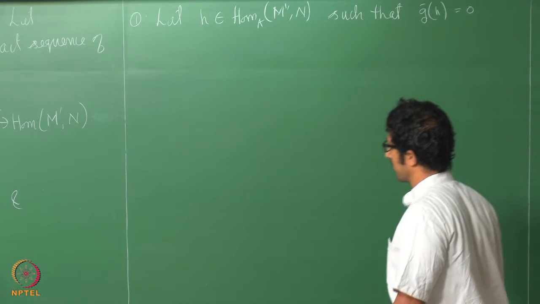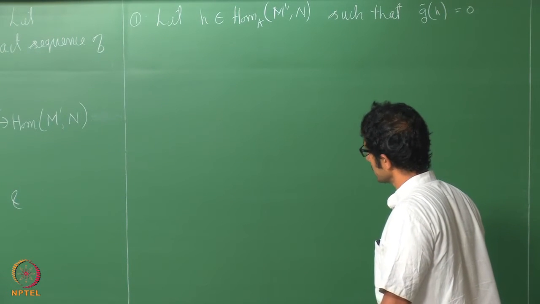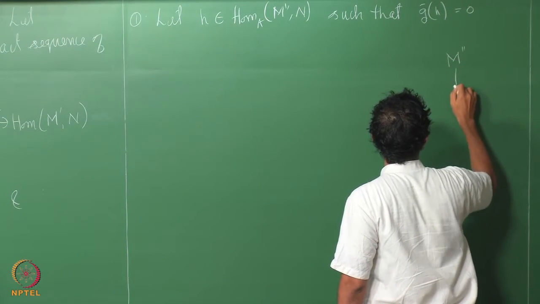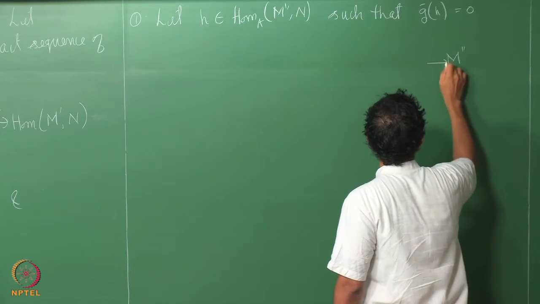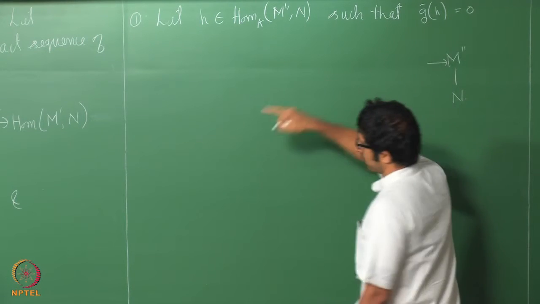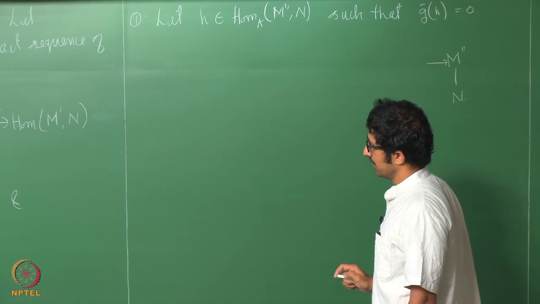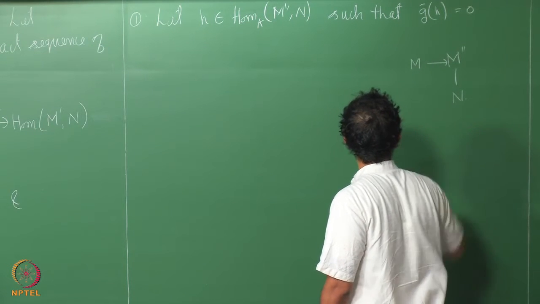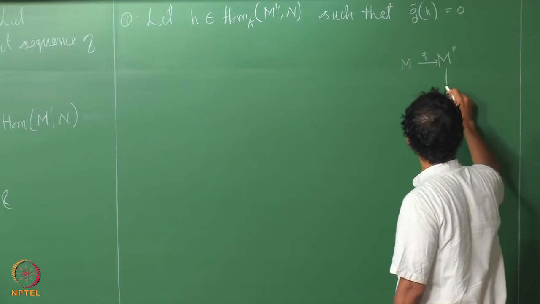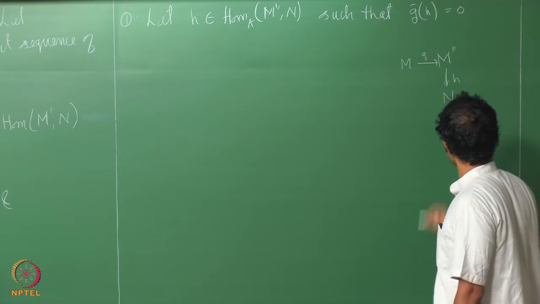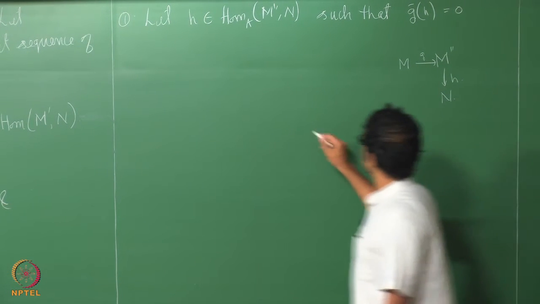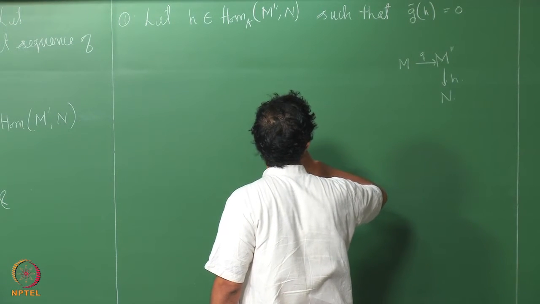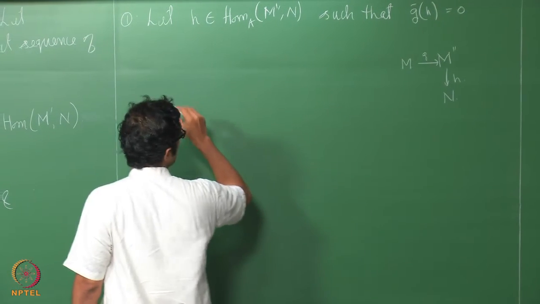But what is g bar of h? h is from M double prime to N. g bar of h is a homomorphism from M to N obtained by composing with g. g bar of h is 0.